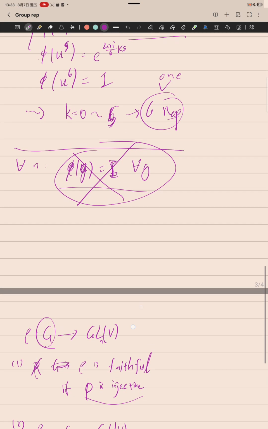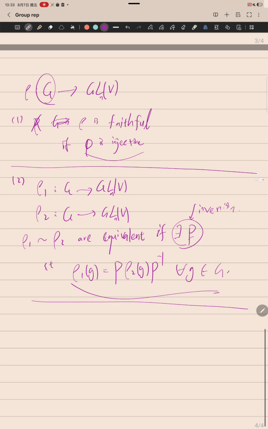Okay, so these are the definitions we already have.